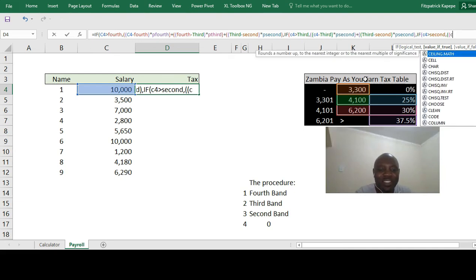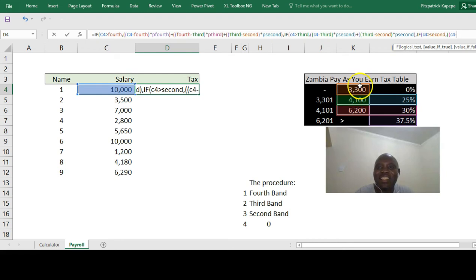Then it means that it will be C4 minus the 3,300, which is the second, times 25%. Close bracket. Comma, because that was the last tier, comma, meaning that now we go into the salary bracket which is between 0 and 3,300, which gives us 0 like this.